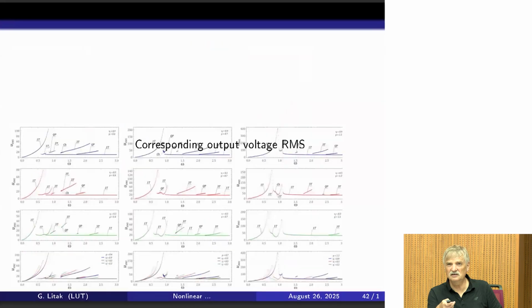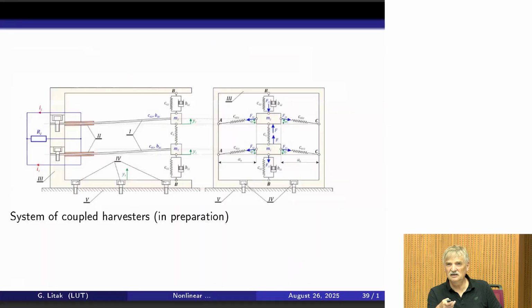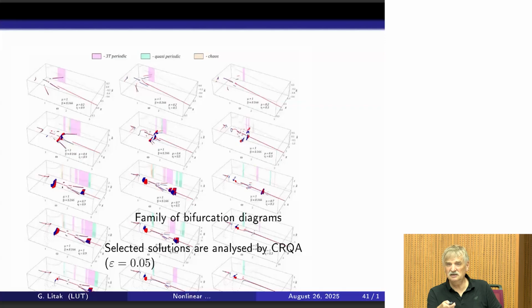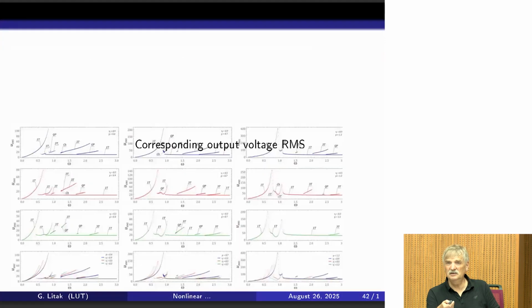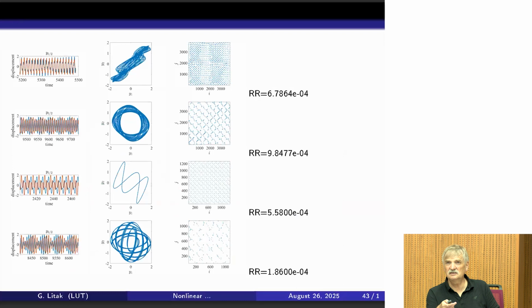We have the current here, the electrical circuit, and when the bifurcation diagrams are present, we also have these branches of solutions for many systems.